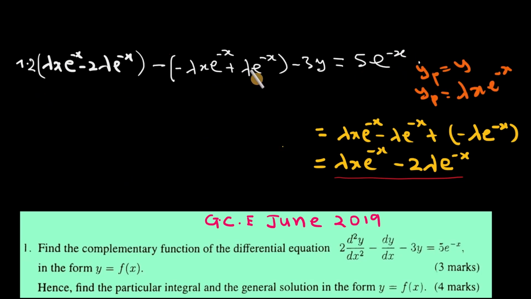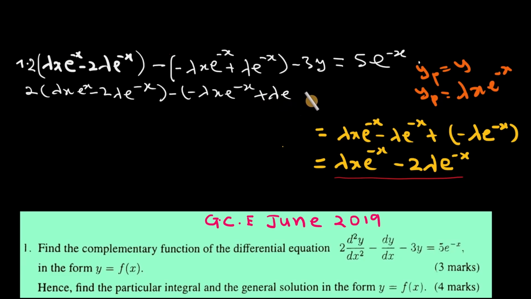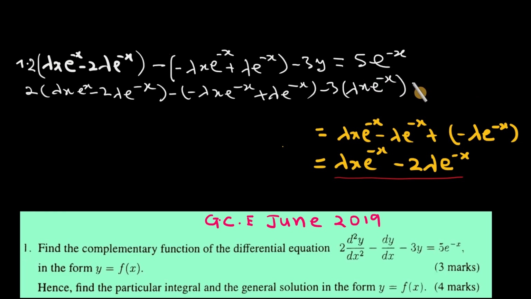It means this will be 2 into lambda x e to the minus x minus 2 lambda e to the minus x, minus into minus lambda x e to the minus x plus lambda e to the negative x, minus 3 into y, which is the same as yp, that's lambda x e to the negative x, which equals 5e to the negative x.